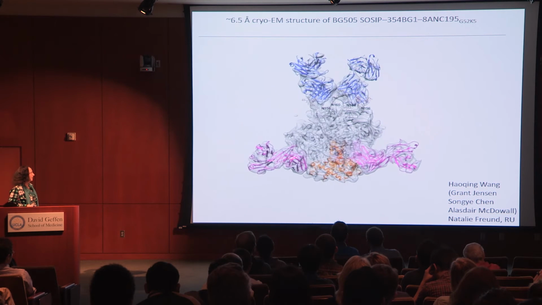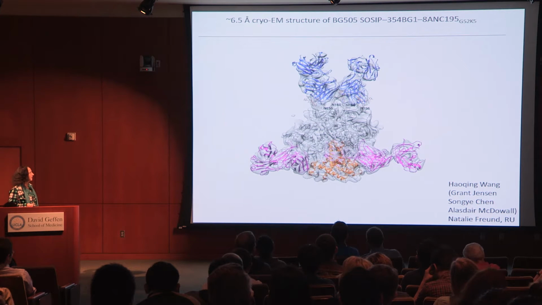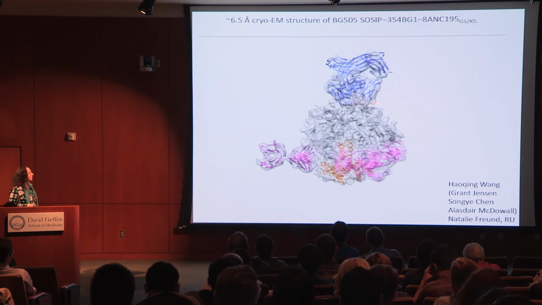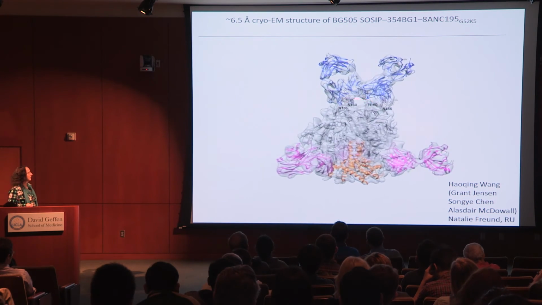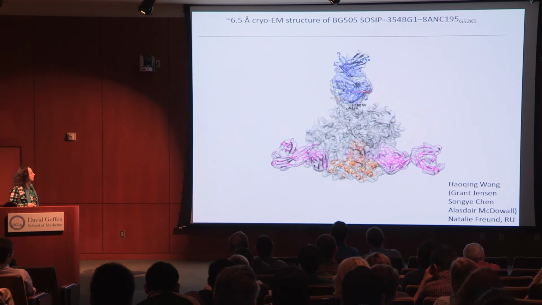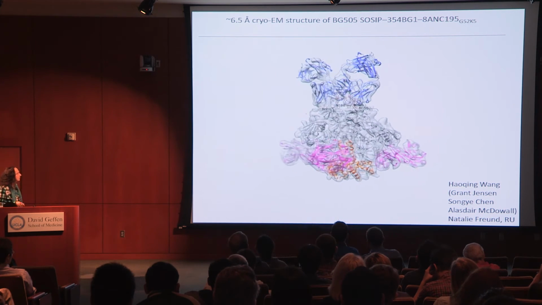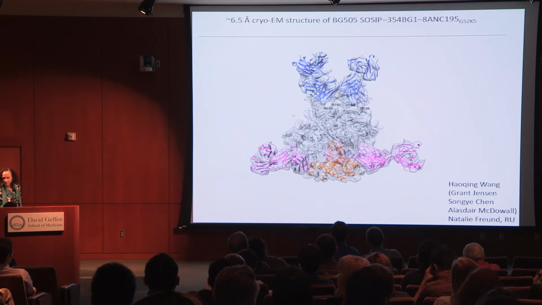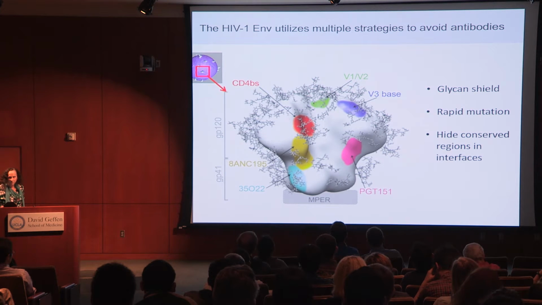This other antibody was added to stabilize the complex. But it binds to a place that is flanked on both sides by the N156 and N160 glycans. So this structure's now at about 6 angstroms. We're trying to get it to higher resolution, but we're looking forward to seeing how this antibody interacts with those glycans as well.